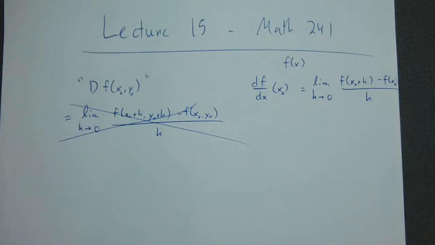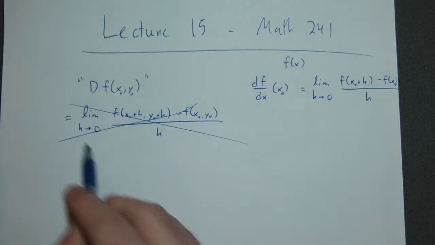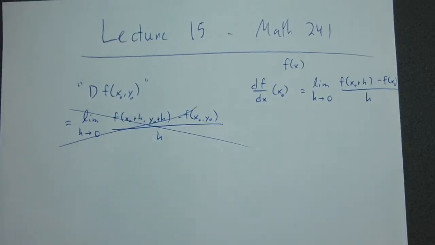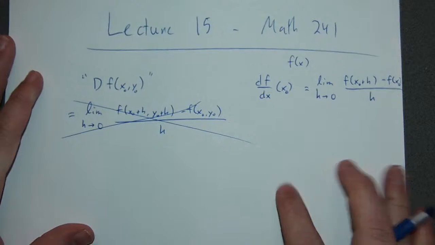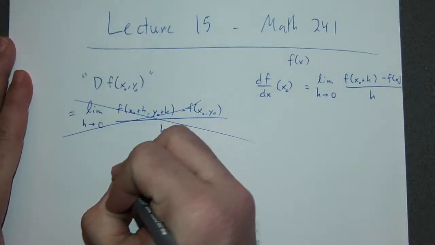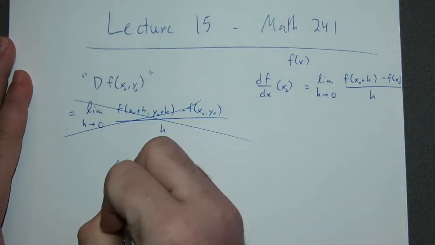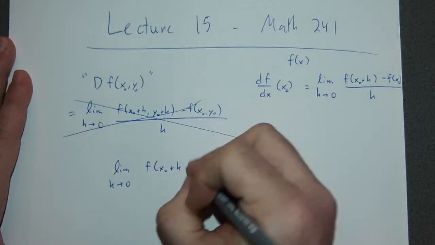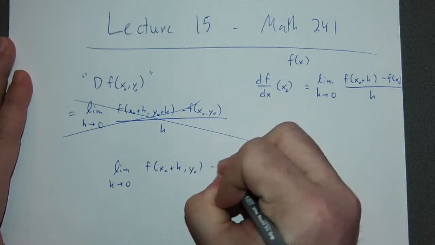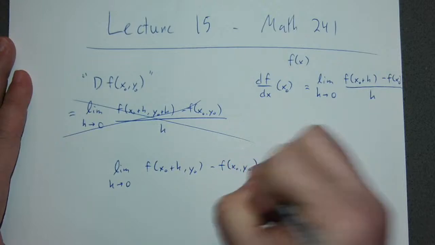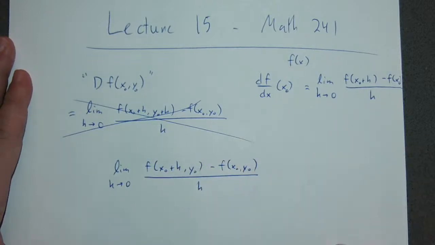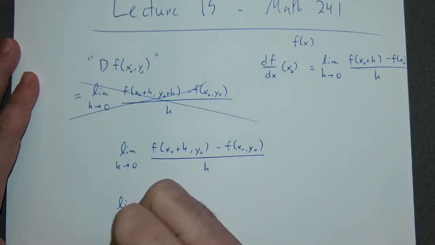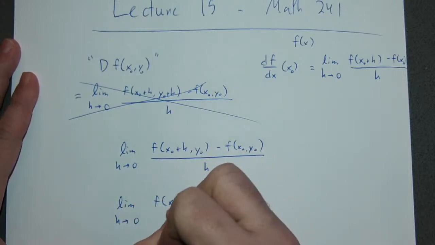We have to do something a little different. This is almost good, but we actually have to do these slots separately. And so what works is actually this same quantity, except I do the first slot, and then separately, I have a limit for the second slot.